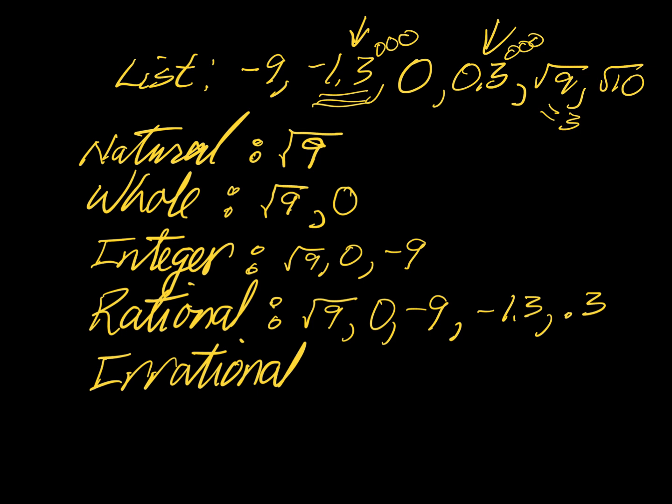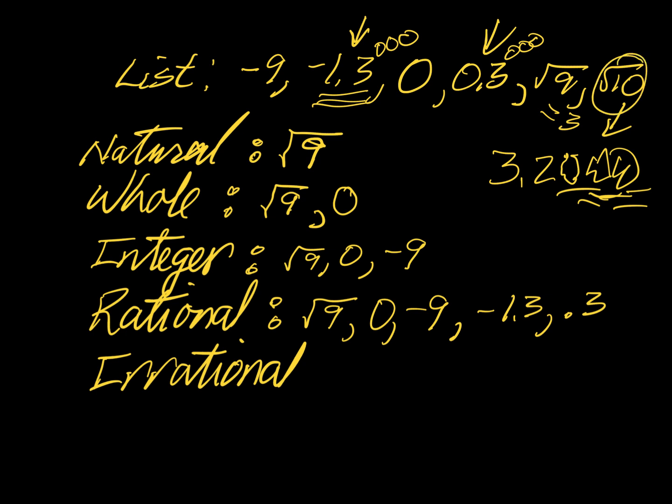So the only other question I have is this square root of 10. And if you type that in on a calculator, you will see that it's like 3.2. And then you'll probably, through 10 digits, you will see that those digits are not repeating. And so you suspect that that number is irrational.